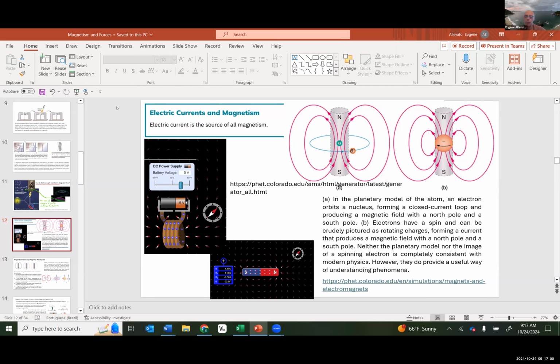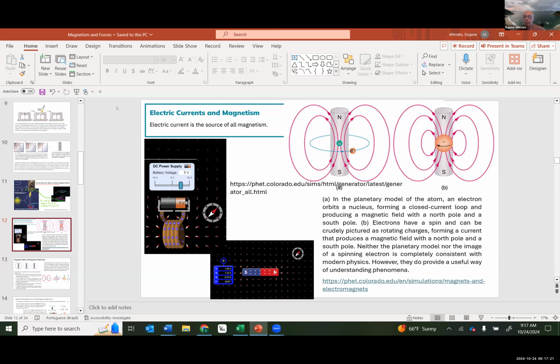Okay, so we have two different models. It's what is called the planetary model of the atom, where an electron is orbiting the nucleus, forming a closed loop. So the current, the motion of electrons, produces the magnetic field, the northern pole.